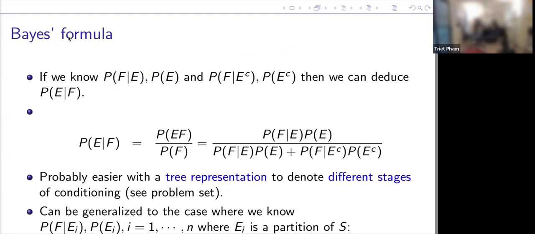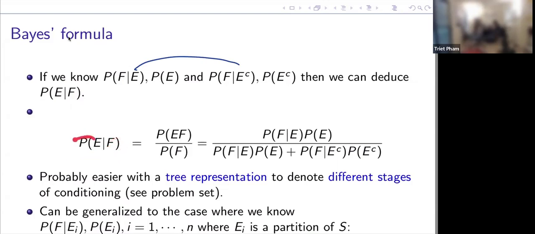Meaning, I present it this way, but you can think of it as wanting to switch the order of conditioning. Notice that everything here is about conditional probability. First of all, let's just trace the formula.